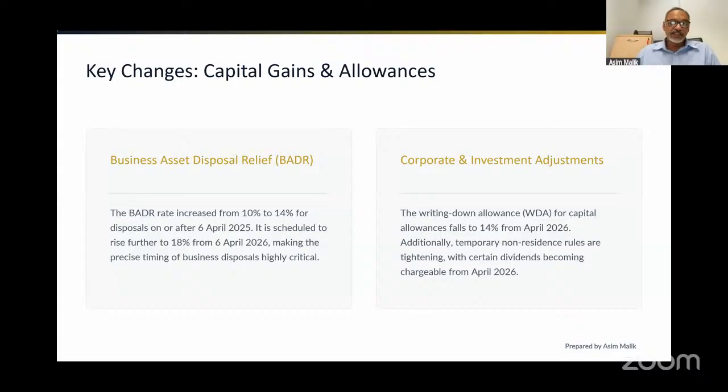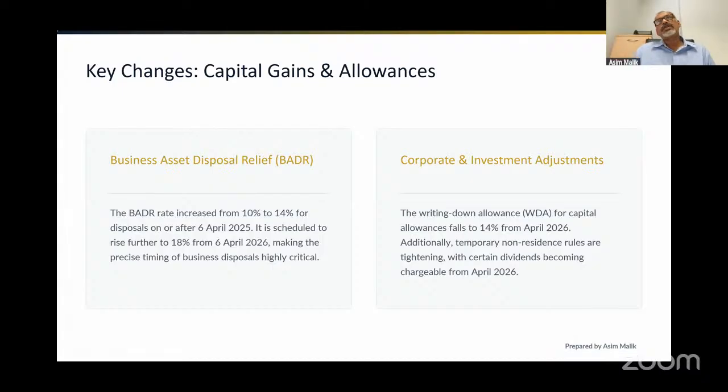Business asset disposal relief used to be called entrepreneurs' relief. That has gone up from 10% to 14%, and it's going up again to 18%. Capital allowances have changed to 14%.